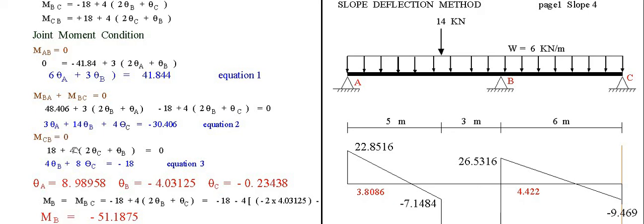Take moment C as 0. Then list the alphabetical of theta. Theta B first, or 4 theta B, then 8 theta C. Then this 18 positive here on the left transfer to the right becomes minus 18. We have this equation 3.